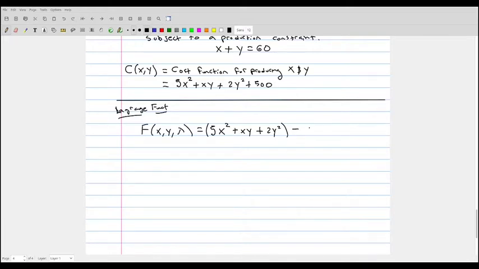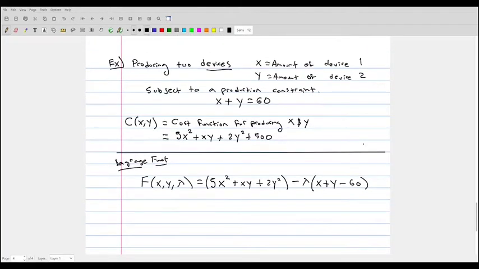And that'll be minus lambda times the constraint function, which is x plus y minus 60. Because our function lowercase f of xy that we're optimizing is this cost function.